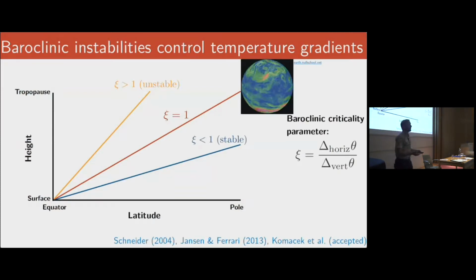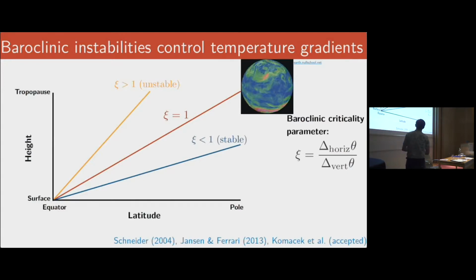So people think that Earth's atmosphere, in a radiative convective sense, without dynamics, would be in an unstable state where the slope is greater than 1, and the planet would be unstable to so-called baroclinic instabilities, which are the large-scale fluid instabilities that lead to weather and storms in Earth's mid-latitudes, where we are now. And so basically these instabilities will lead to an adjustment such that the planet would go from this unstable state back to the stable state.